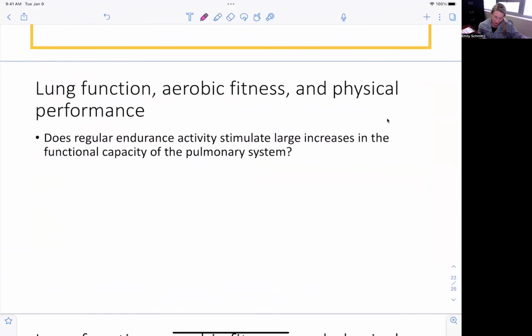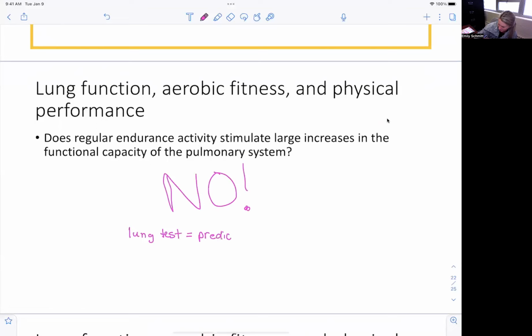So when talking about lung function, aerobic fitness, and physical performance, question: does regular endurance activity stimulate large increases in functional capacity of the pulmonary system? It does not. Lung tests can only predict lung disease.